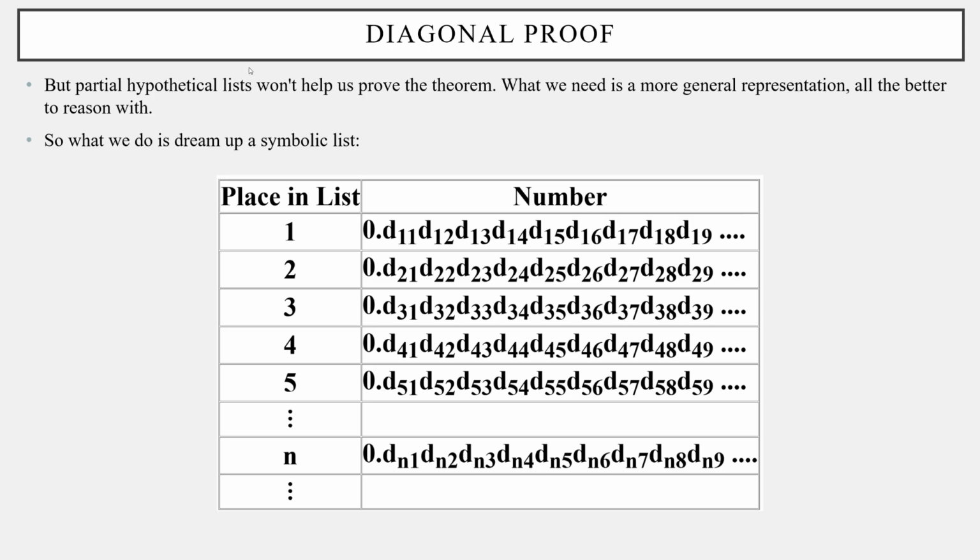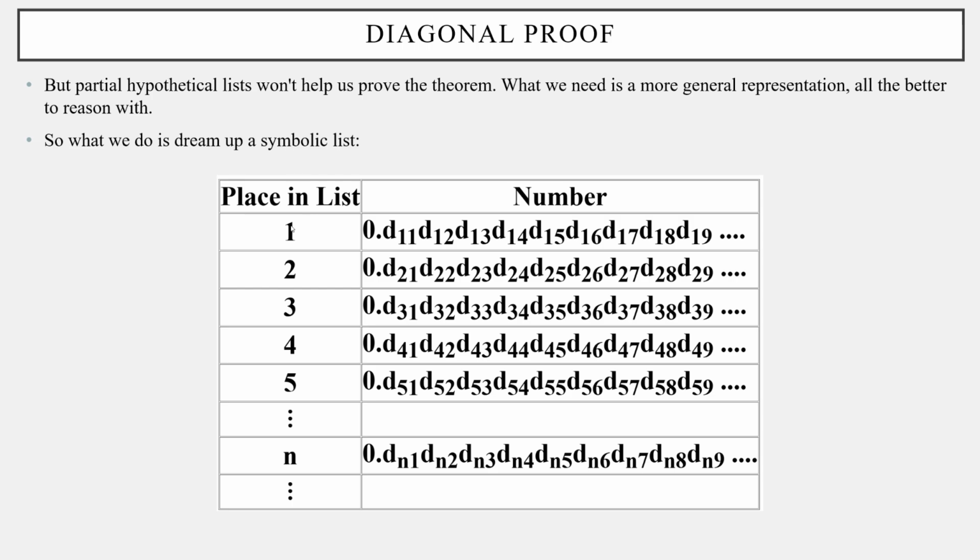But partial hypothetical lists won't help us prove the theorem, so what we need is a more general representation. Okay. So this is the pattern we're going to dream up. Here's the first number in the natural numbers, 1. It's going to correspond to the number 0 point, and then these are all decimal digits. What D11 says is: digit in row 1, place 1.